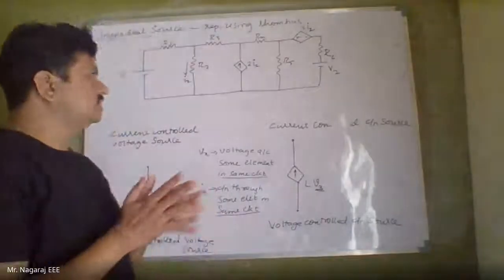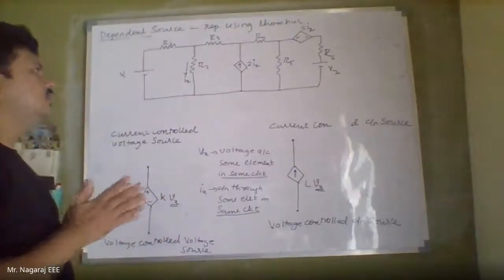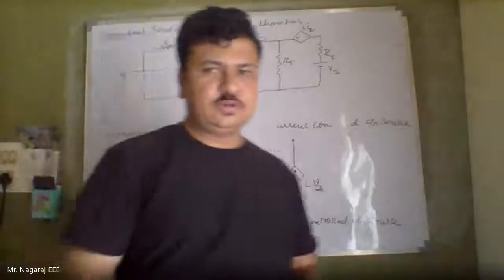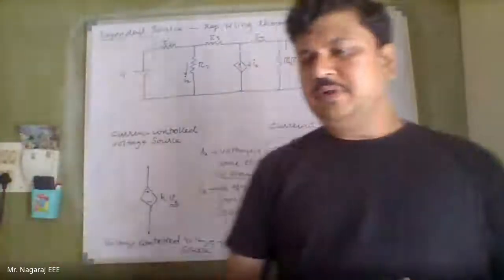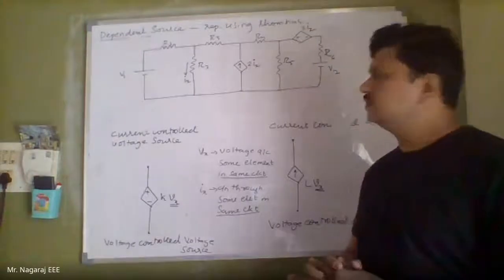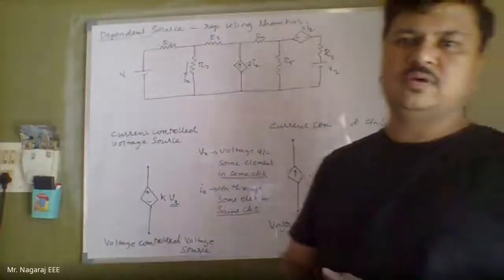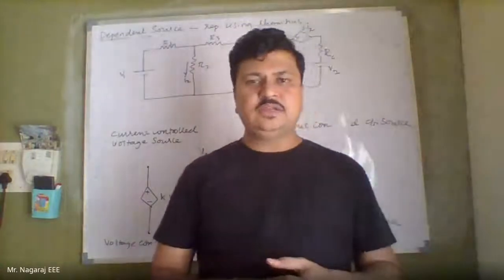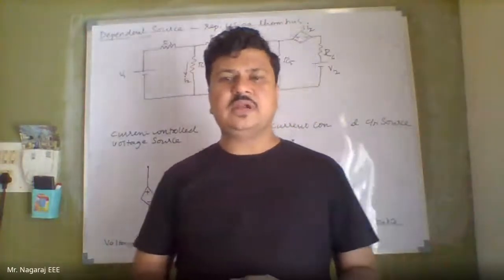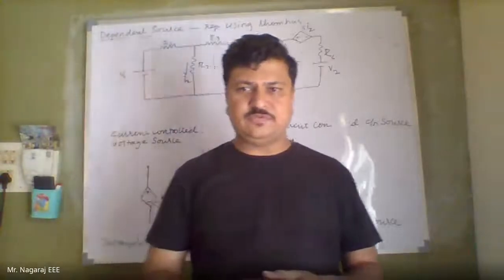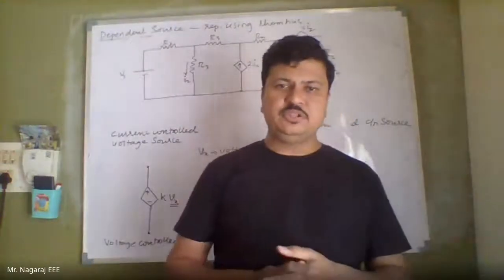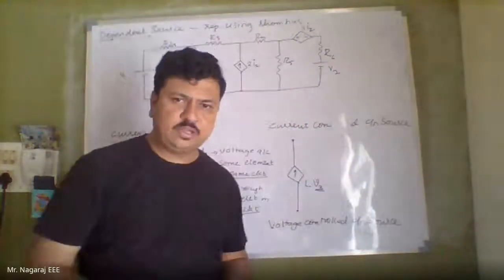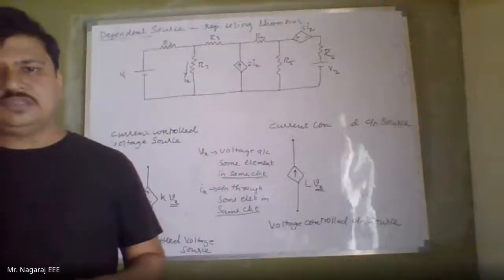So today we will stop here with these sources. In the next class, tomorrow's class, I will be looking into source transformation, how to convert a current source to a voltage source and back, and source shifting. What is the principle that I have to follow? If I have to shift the sources, I have to push the voltage source across the nodes, and if I have to take the current sources across the branches.